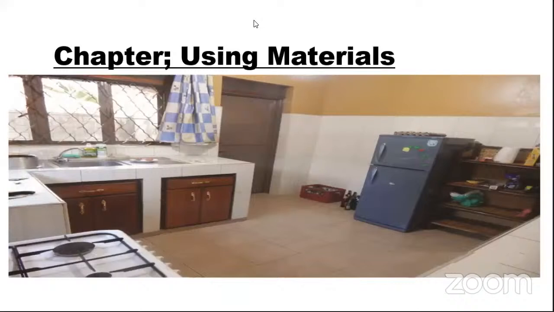So how can you identify that for a given task? How can you know that I'm supposed to use this kind of material? For example, if I'm going to cook, how do I identify that I'm supposed to use this kind of material and why? If I'm playing football, how do I choose the ball?